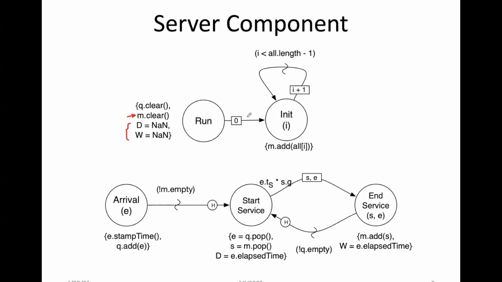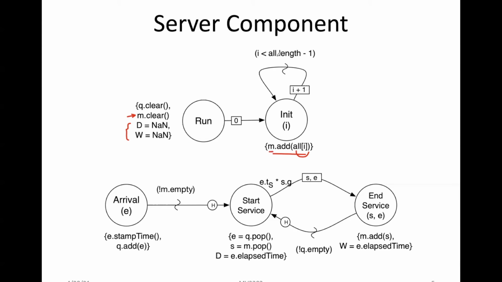So how can we put them back in? Well, with our init for loop business. We schedule init with 0, and then one by one, see what we're doing here? We're taking the ith element of this all array, which was our one parameter, and adding it to our available servers container.